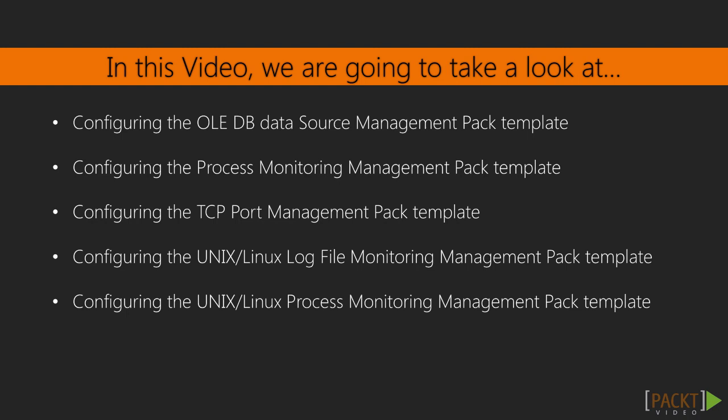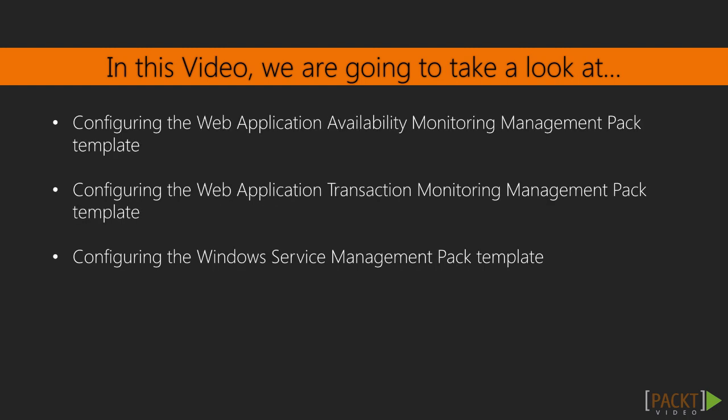In this video, we're going to take a look at configuring OLEDB data source templates, process monitoring management pack templates, TCP port management pack templates, Unix Linux log file monitoring, and Unix Linux process monitoring templates, the web application availability template, the web application transaction monitoring template, and also the Windows Service Management Pack template.